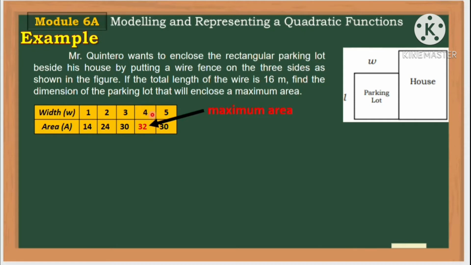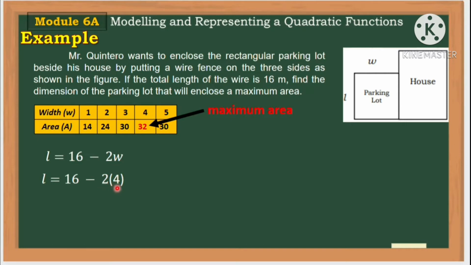Paano natin kukunin ang length? So, nakita natin kanina na ang length ay 16 minus 2W doon sa unang part natin. So, substitute lang natin yung W dito, which is 4. So, mangyayari, 16 minus 2 times 4.